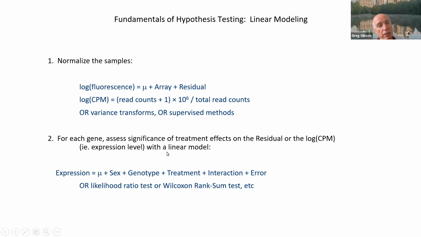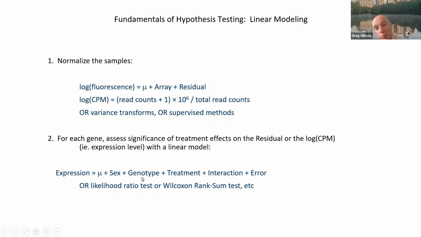And so what we're going to do is to set up models, so this is a statistical model at the expression level. So the counts per million is a function of the mean of the sample, and then all the treatment effects we care about. So sex, for example, genotype, the treatment, drug effect, whatever it is. And we can specify some of these as being main effects, fixed effects, some of them as random effects.